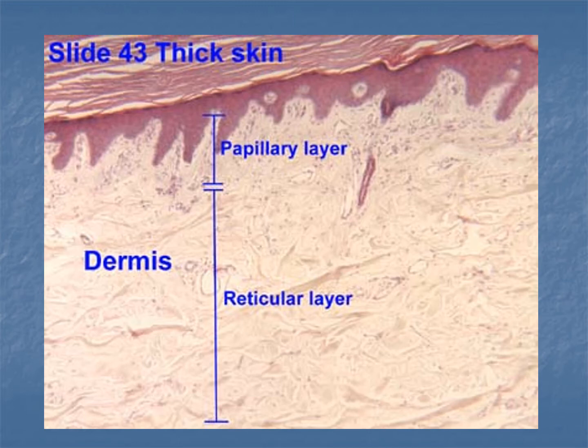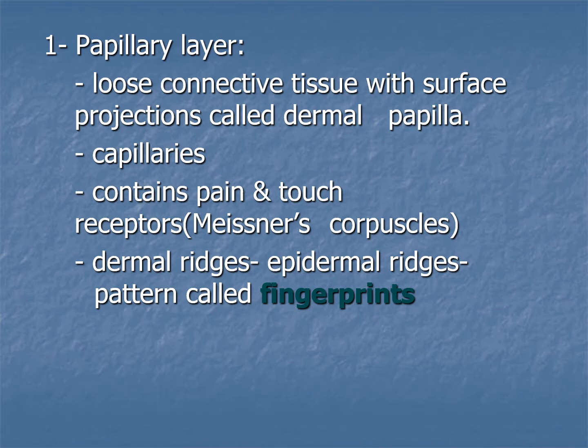And the reticular layer predominantly has various types of fibers, collagen and elastic fibers, reticular fibers and connective tissue. The papillary layer has capillaries, and it also has sensory receptors like Meissner's corpuscles, and this is also important in imparting the fingerprints because of these ridges.